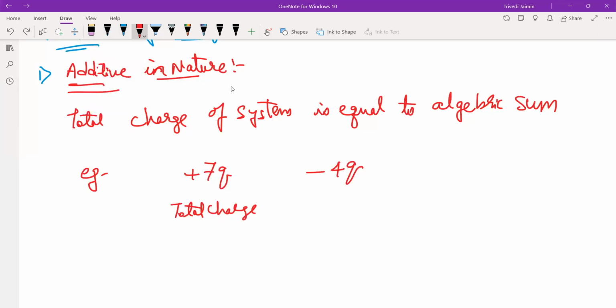Yes. So that's why we are just adding only. This charge is having negative charge. So we are just adding plus 7 and minus 4, but it has a negative sign. That's why we got 3q. So the net charge is 3q. Okay.